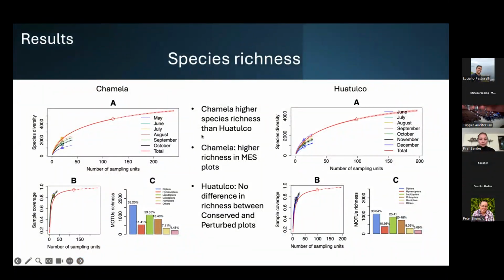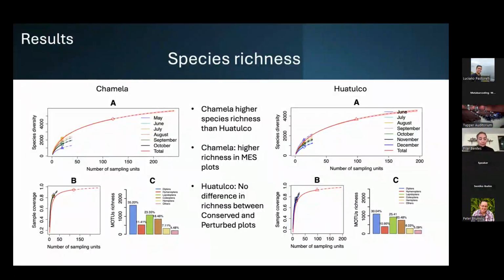To look in detail at Chamela and Huatulco, we see the same shape in the accumulation curve and rarefaction, and the same orders are the most represented. What we see is that Chamela has higher species richness than Huatulco.